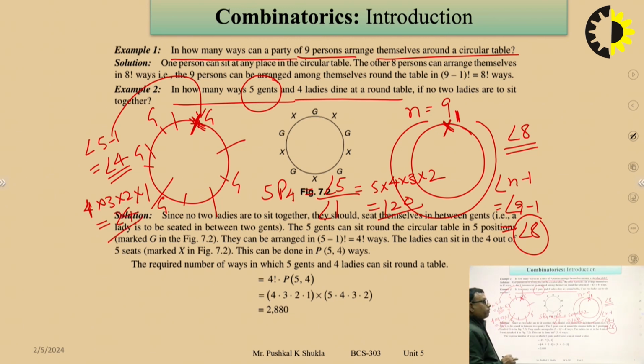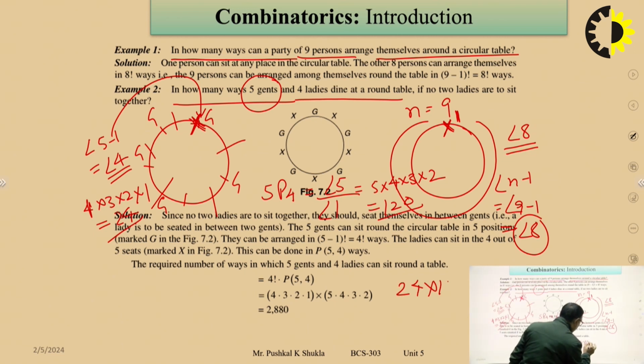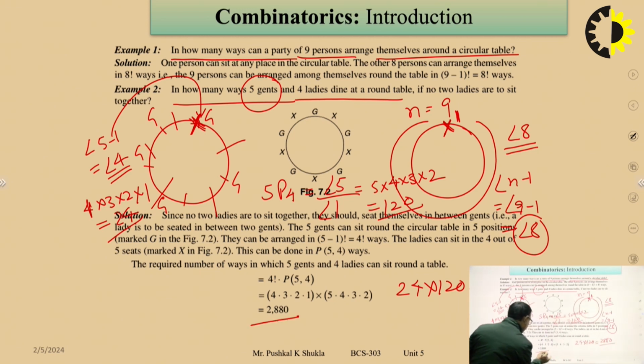So the total number of permutations will be 24 into 120, that is 2880. So this is the application of circular permutation. Both are examples of circular permutation.